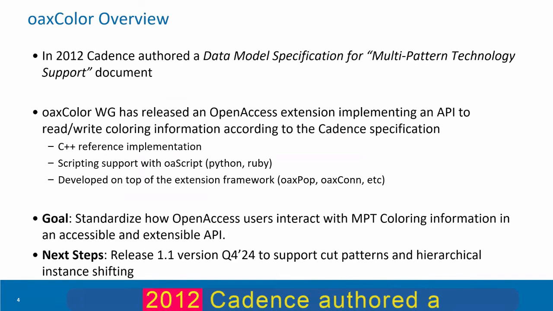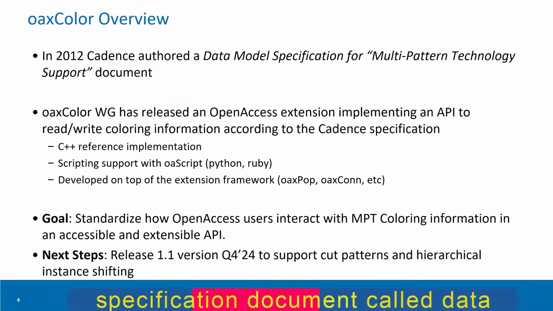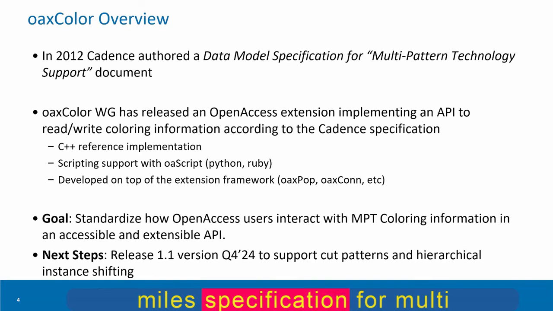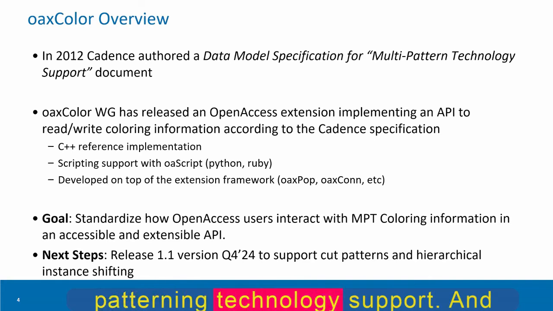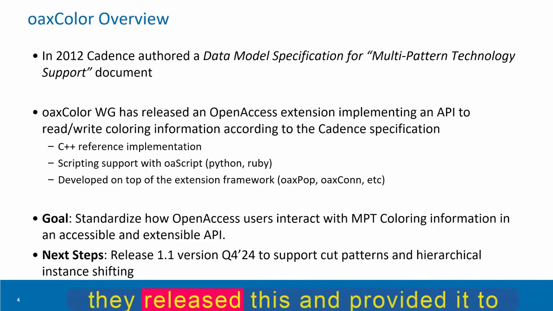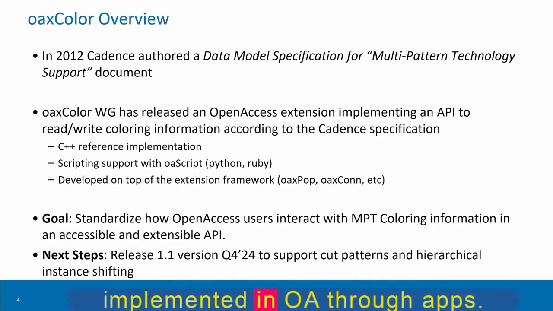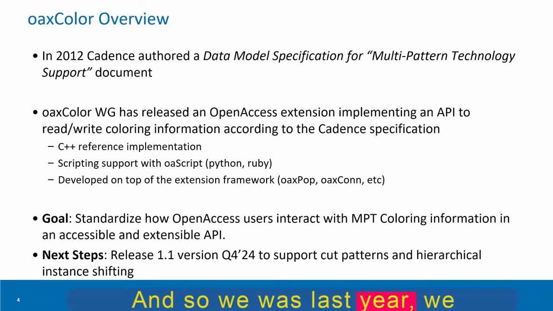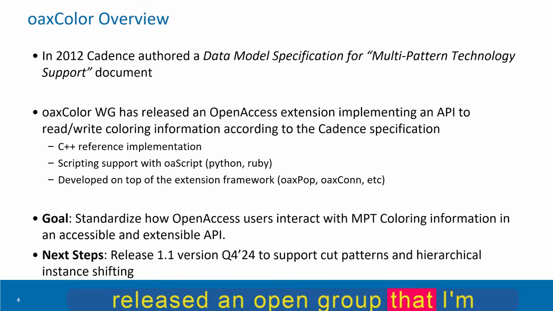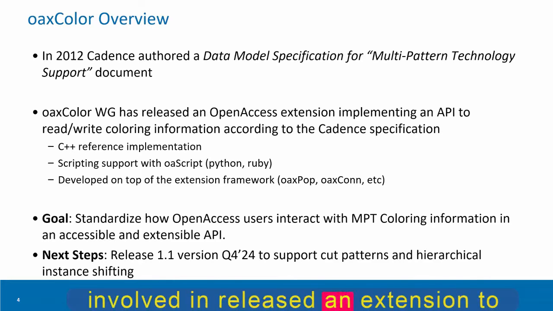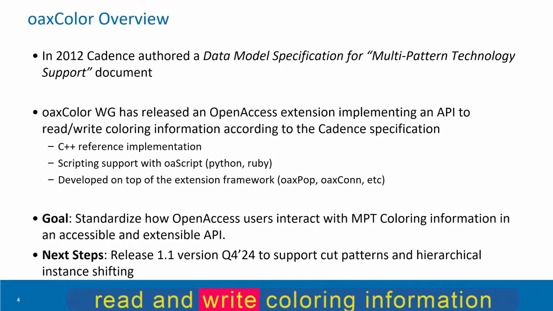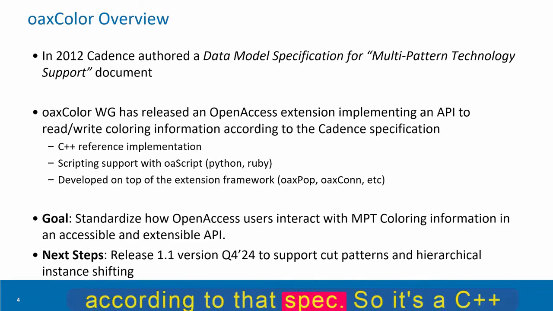So in 2012, Cadence authored a specification document called Data Model Specification for Multi-Pattern Technology Support. They released this to spec out how this could be implemented in OA through app defs. And I believe it was last year that the working group I'm involved in released an extension to read and write coloring information according to that spec.